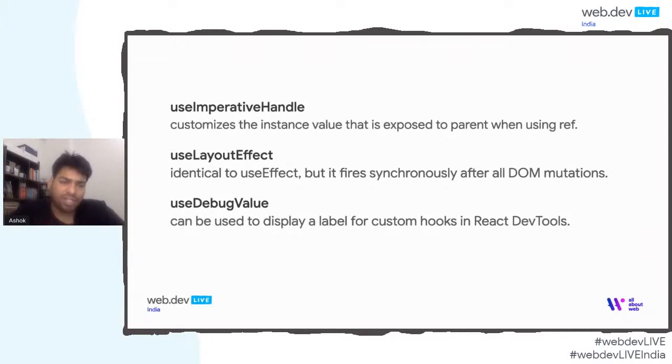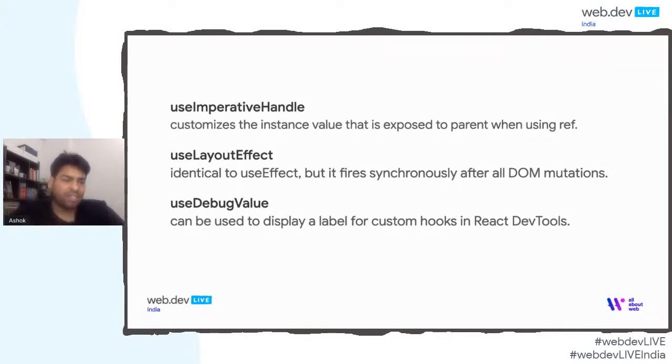Then the other hook is useLayoutEffect, which is identical to useEffect, but it is fired synchronously after the DOM mutation. So if you want to use any mutations, like a mutation observer, or maybe a window scroll event and stuff like that, you can use this useLayoutEffect, and there's going to be a little bit of performance benefit to that.